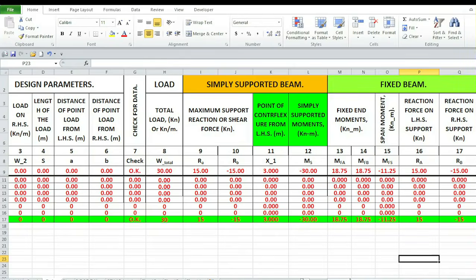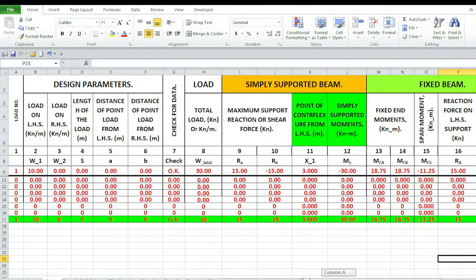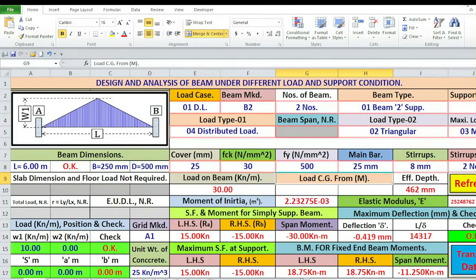All the calculation I have got by the application of the formulas that I have explained in my PPT, PowerPoint presentation. You can check the result in your software and share your experience in the comment section of the YouTube.